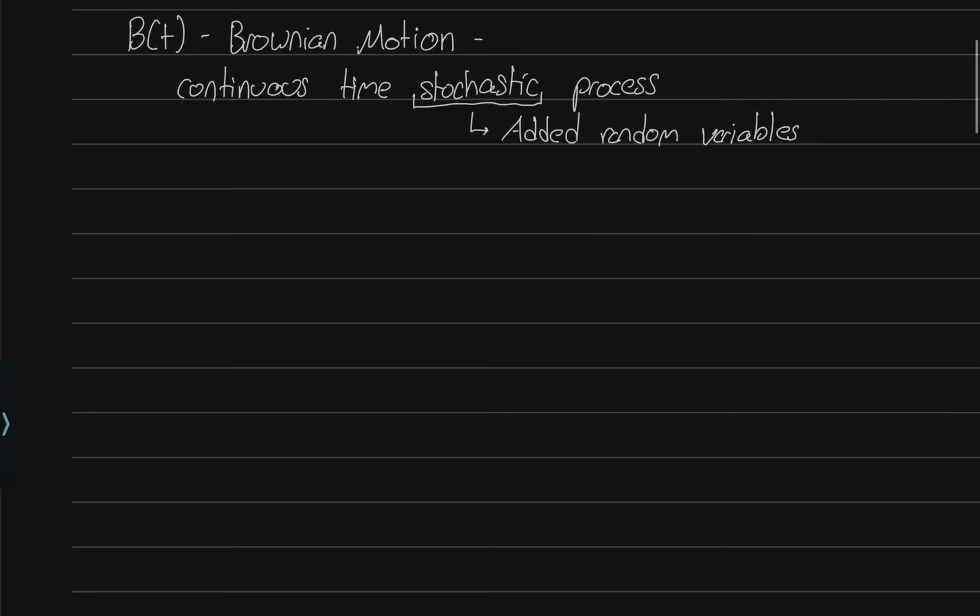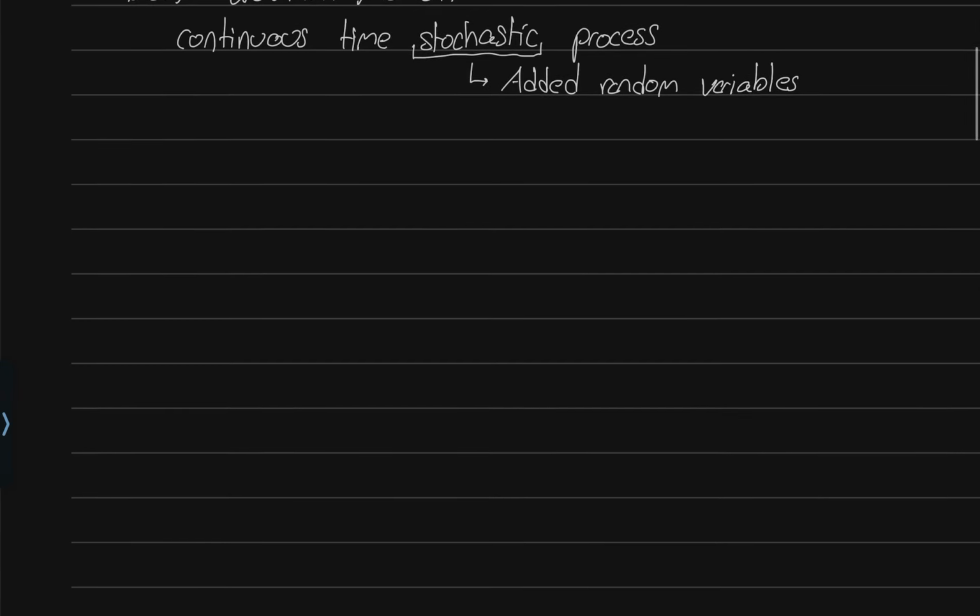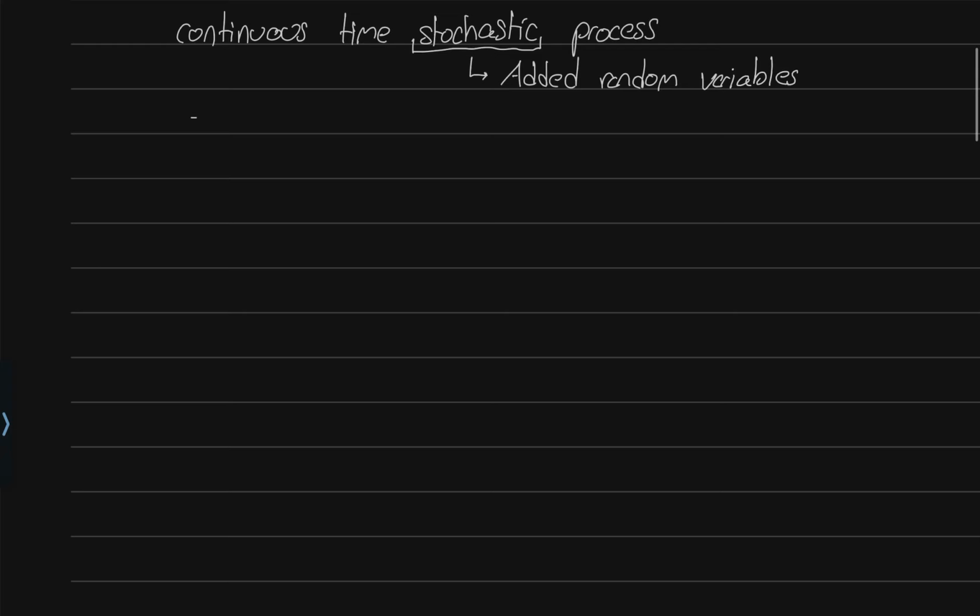So a few things that we concluded throughout the past few videos. We concluded that B of 0 is equal to 0, meaning our Brownian motion starts at 0.